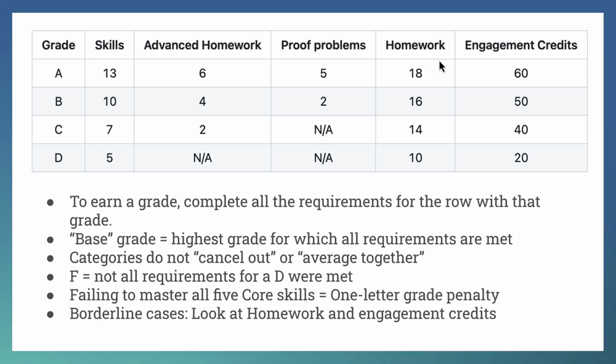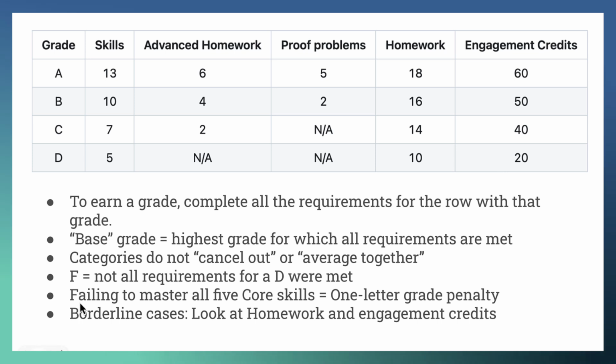Okay, was the student putting in the effort on the day-to-day simple stuff? If they were, then I'm going to look favorably on their borderline case. If not, I'm probably not going to look favorably on their borderline case, and I'll make a judgment call in the end. And I will make a note of that judgment call so that I make the same judgment call for another student who might be in the same position.